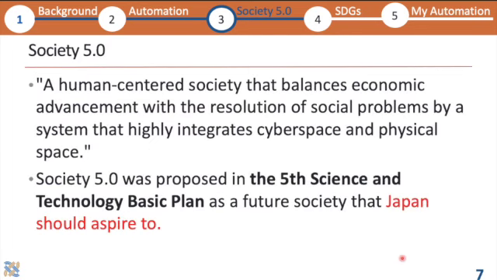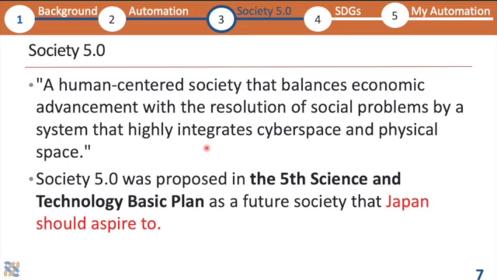And then Society 5 is the society for the next generation. It's a human-centric society that balances economic advancement with the resolution of social problems by a system that highly integrates cyberspace and physical space.